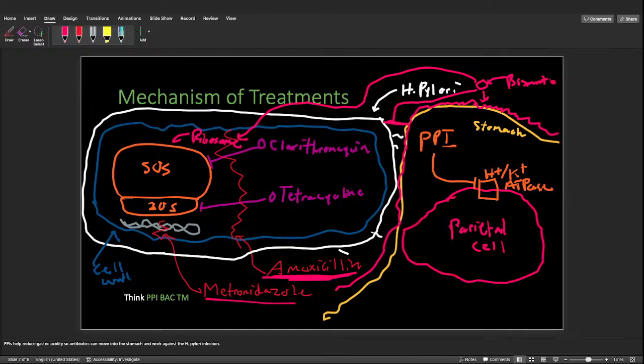Other than the fact that, just know some important counseling points on these things, especially if patients are on other medications, not just for this, but they might have some other chronic disease states.